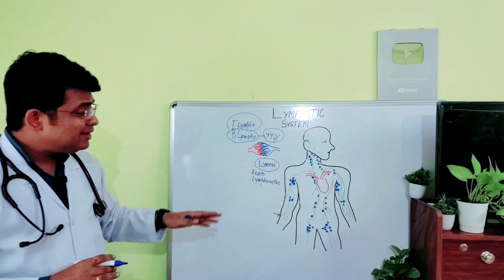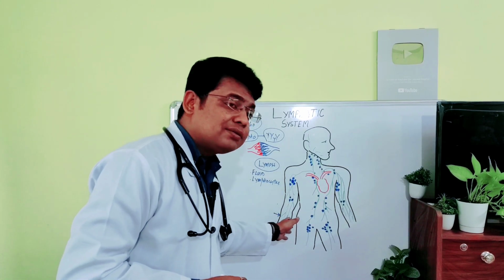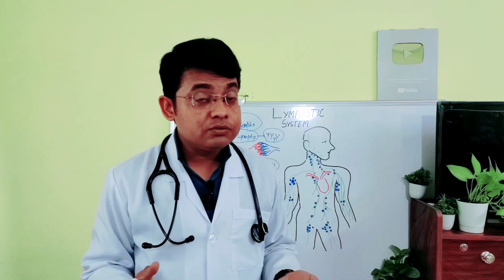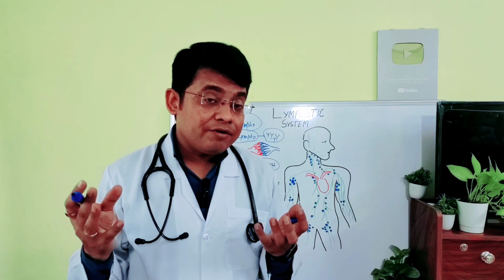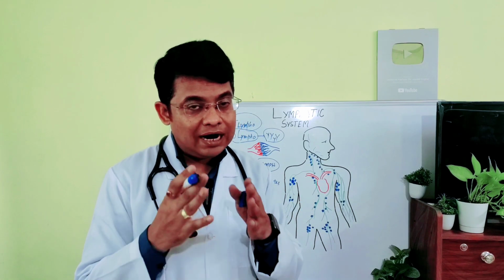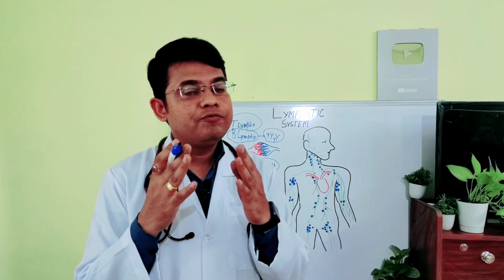So the extracellular fluid that is collected within the lymph nodes and that travels within our body as lymph gradually moves towards the center of the body and ultimately drains within the venous system.